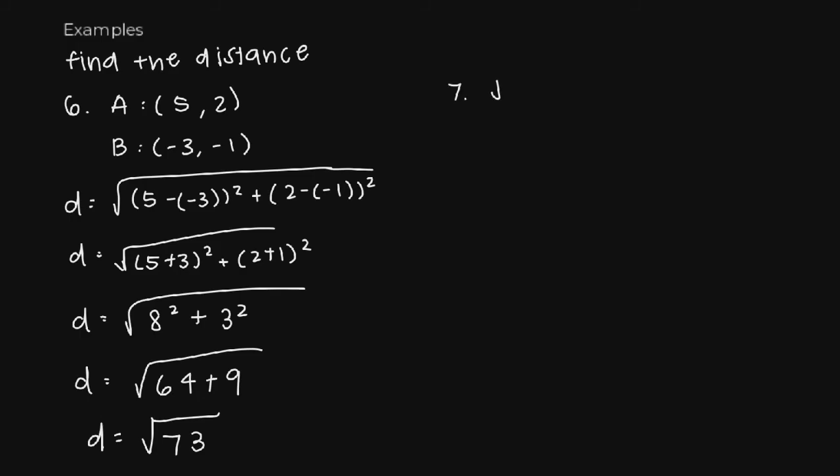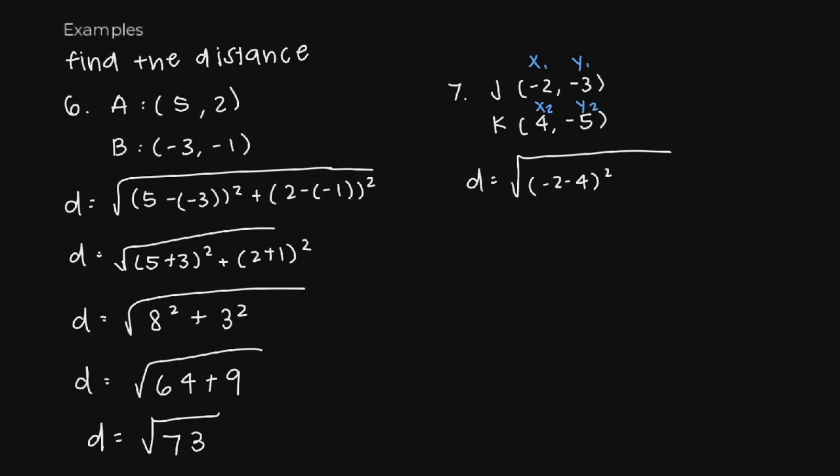Okay, so now let's say we have the points J and K. J is at negative 2, negative 3, and K is at 4, negative 5. So if it helps, you can write x1, y1, x2, y2. So the distance would equal negative 2 minus 4 squared plus negative 3 minus negative 5 squared.